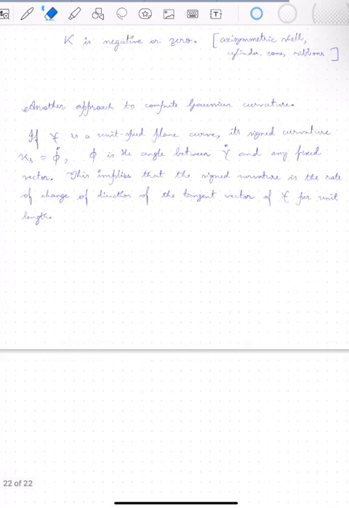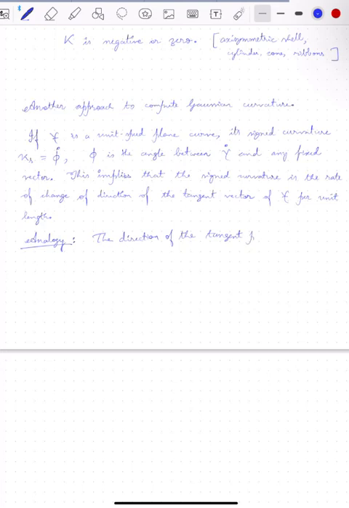So likewise, following this analogy, in our case, the direction of the tangent plane, of an oriented surface, which is always implied, is measured by its unit normal.